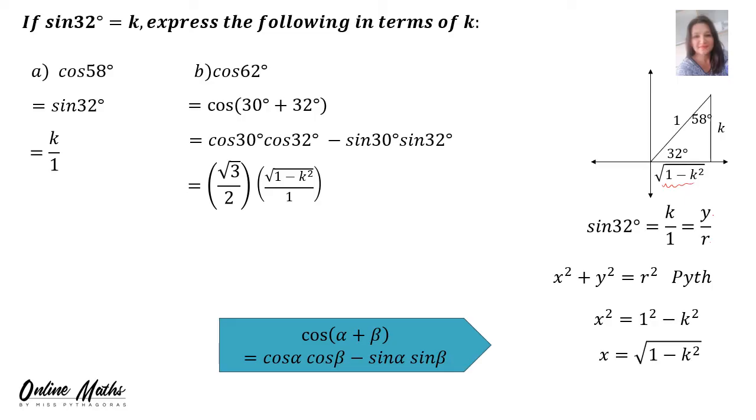That's why it's root 1 minus k squared for x and r's value is 1. Minus sin 30 is a half and sin 32 was given that it's k over 1. And then you can just complete your sum by multiplying in this 3 into the root and the answer: root 3 minus 3k squared minus k over 2.